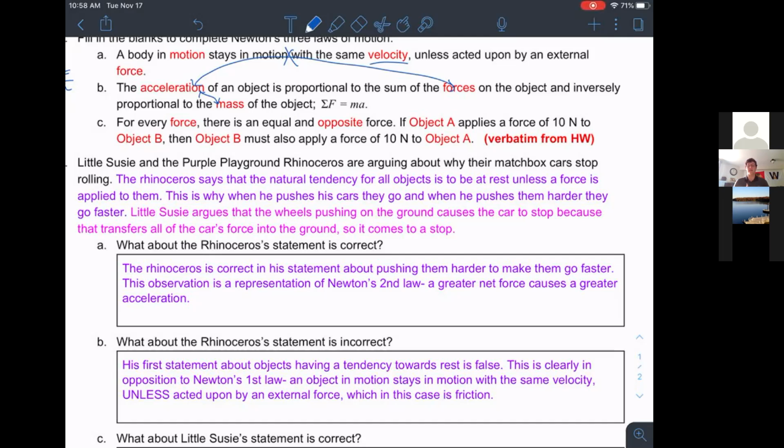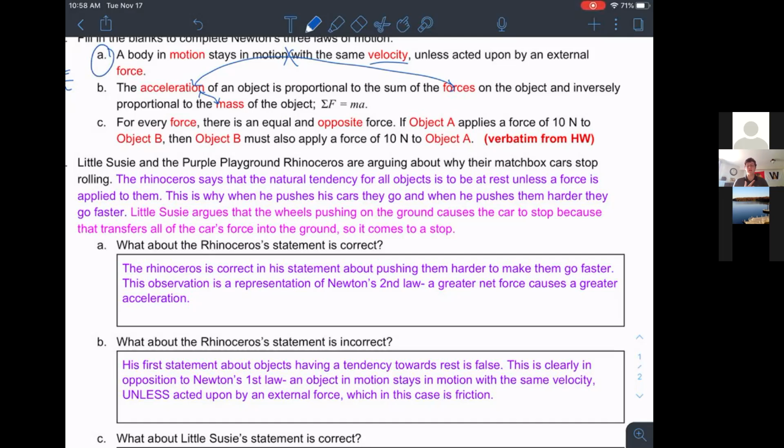So that was correct. But the incorrect part was his first statement that said that the natural tendency for all objects is to be at rest, which we just wrote all the way up above in question 1A, that a body in motion is going to stay in motion with that same velocity unless acted upon by an external force. So objects that are moving want to stay moving.